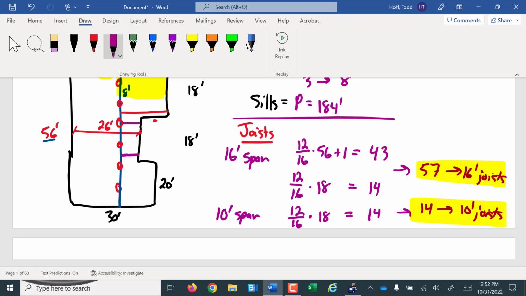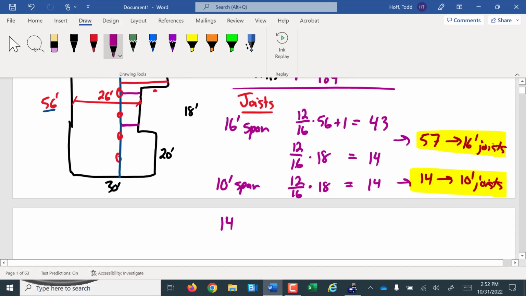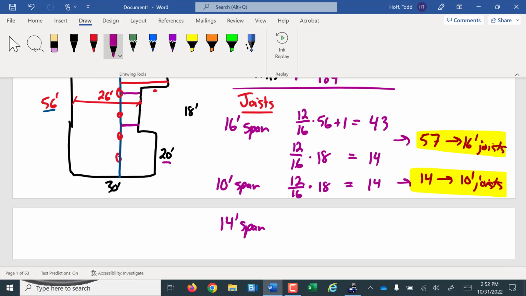And then finally we have the 14-foot span down here, which has a run of 20. 12 over 16 times 20. I need one on this end. Am I going to need one on this end? Yes, we will.